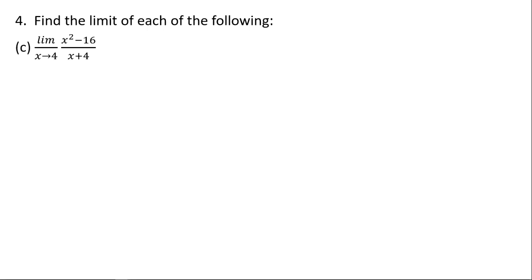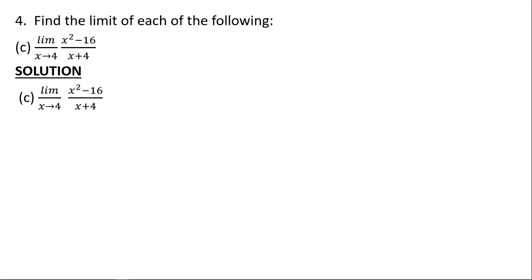Question 4c. Find the limit of each of the following: x squared minus 16 over x plus 4 as x approaches 4. This one is also a difference of 2 squares. Where there's that 16, we replace it with 4 squared. So x squared minus 16 is the same as x squared minus 4 squared.